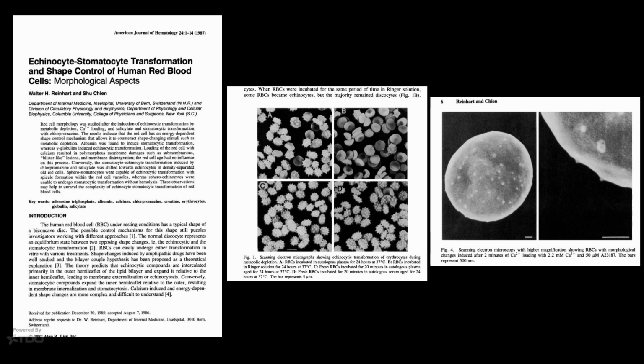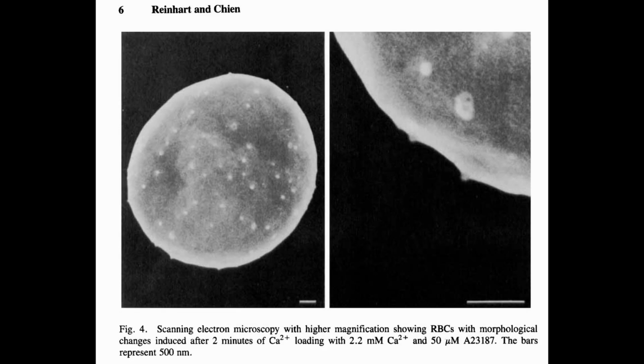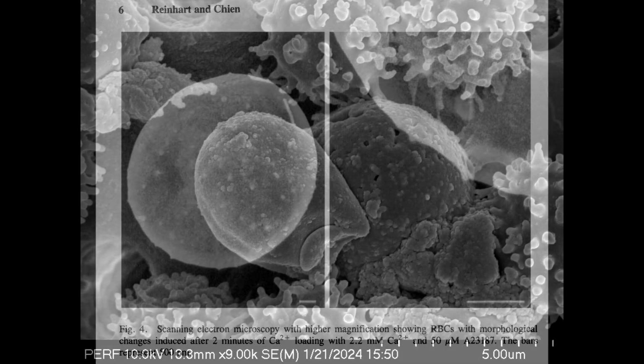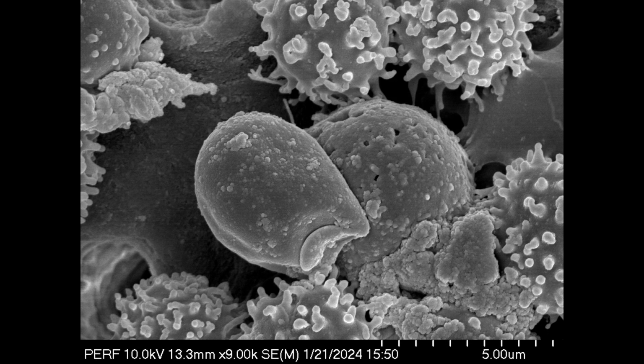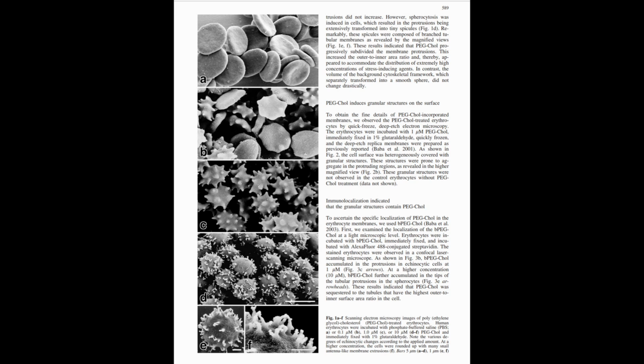And then when you look at some later papers that discuss the transition process even better, you can see how this process starts on the surface with these little projections and progresses quite significantly as the red blood cell changes its shape and that outer membrane becomes crenated.